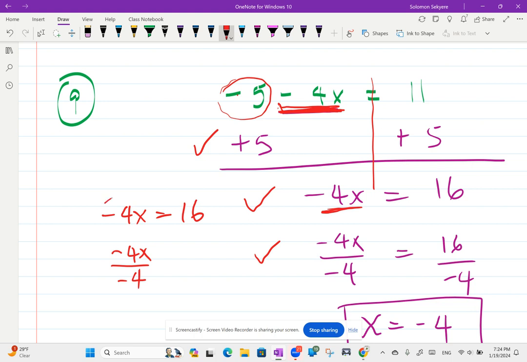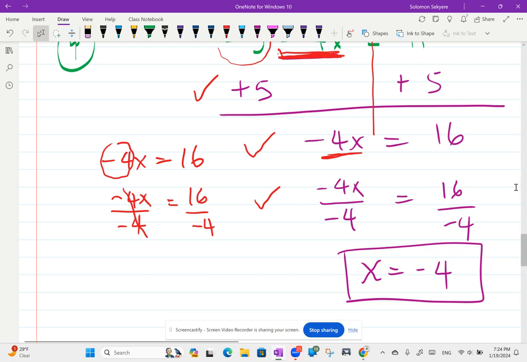My coefficient is negative 4. So 16 over negative 4, that goes away. x equals what? Positive over negative is negative. You know 16 over 4 is 4, but we are not finding 16 over 4. You're finding 16 divided by negative 4. So your answer is negative 4. Are you with me?